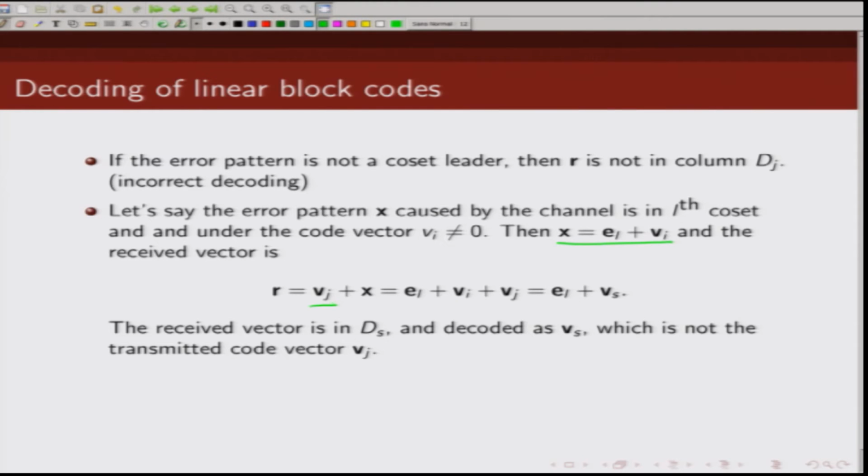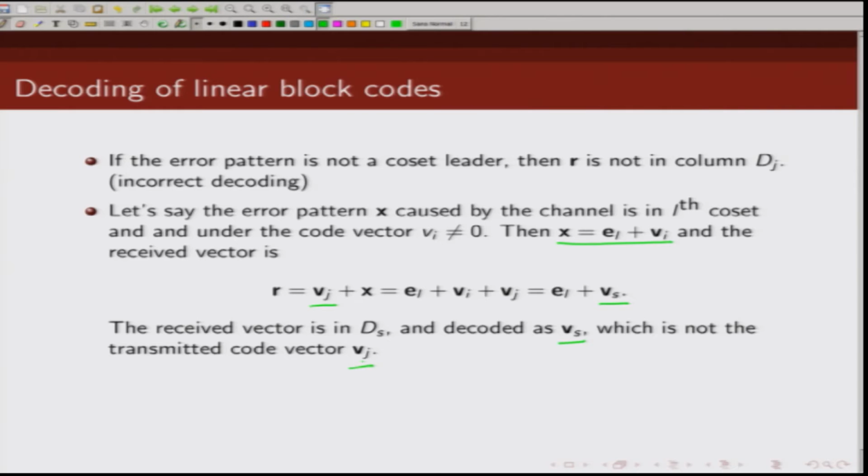Now, what is Vi plus Vj? The sum of two code words is also a valid code word. Let us call that code word Vs. So, now the received vector is in partition Ds, and in this case we are going to decode it as Vs, which is not the same as the transmitted code word Vj.